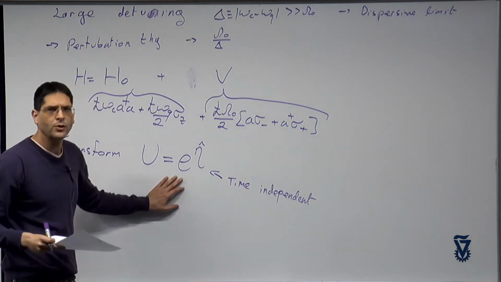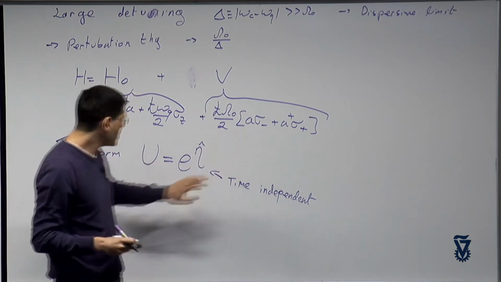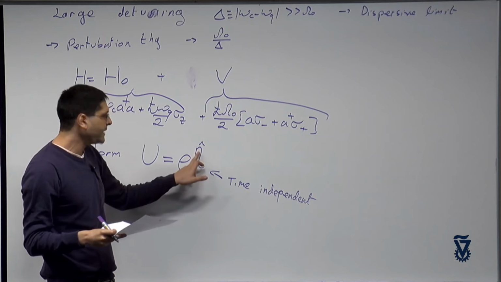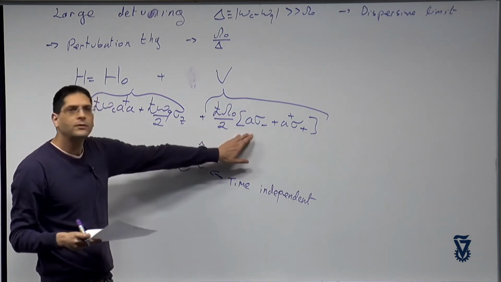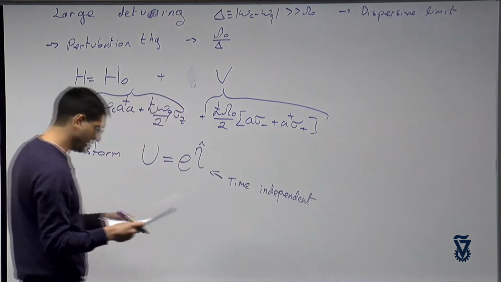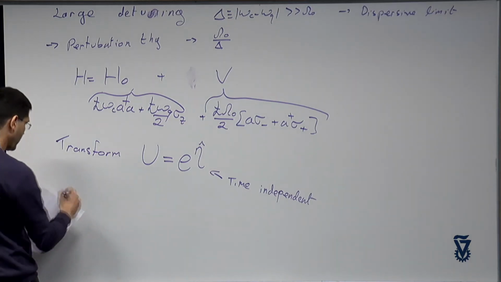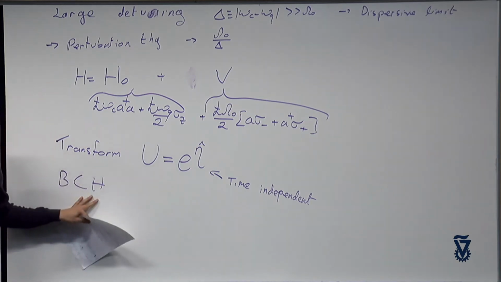I'm going to show you a very general thing now for such a Hamiltonian. We have U time independent, and we're going to look for the right eta, the right transformation, that will cancel out this term and give us the right series. We're going to do this using the Baker-Campbell-Hausdorff formula.